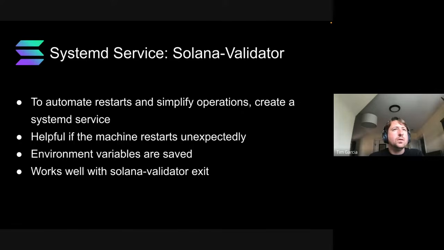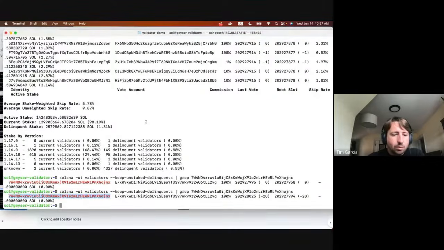So let's see here. This again is just directly from the docs, docs.solana.com, sorry, not the notes. I'm going to grab this. Okay, so the thing we want to do here is create a file in /etc/systemd/system/sol.service.